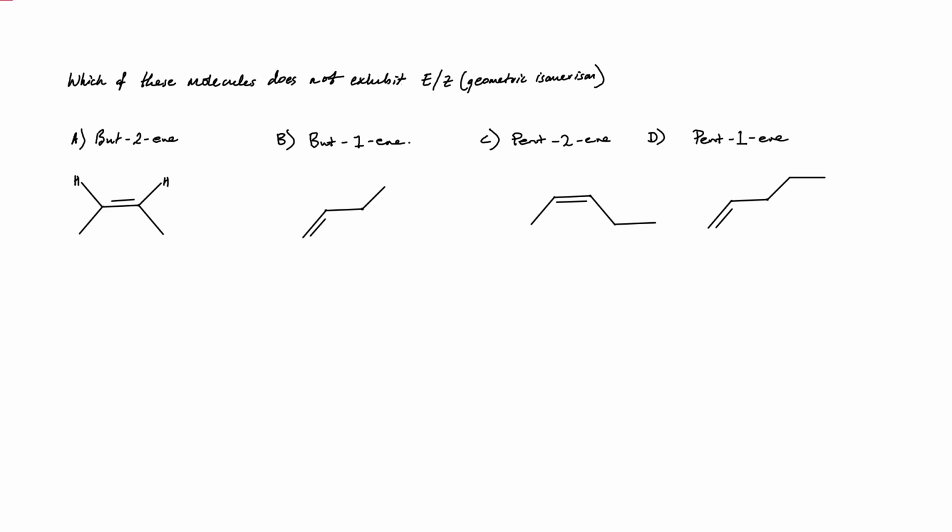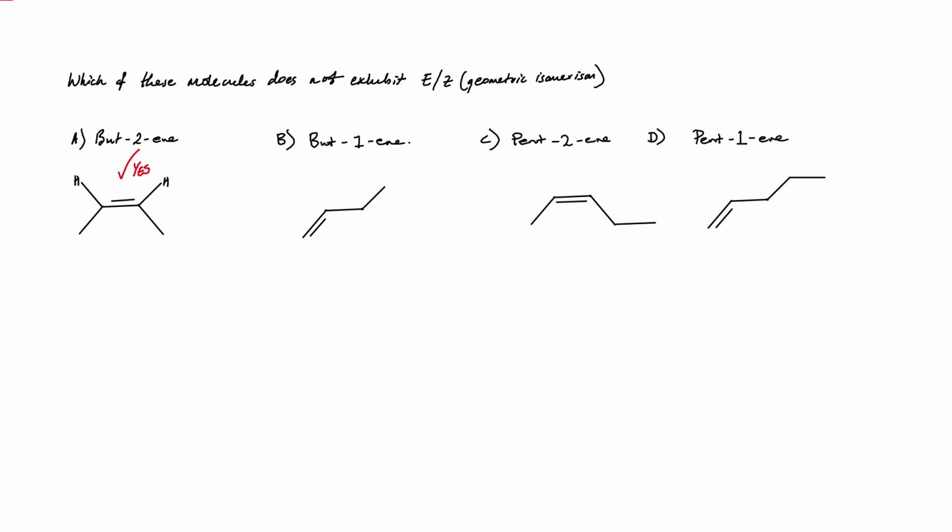That would mean that if I was to swap this hydrogen and this CH3 around, I would get EZ isomerism. So literally we'd be swapping these two around and it would be E or Z. So but-2-ene definitely has EZ isomerism. Let's write yes here.